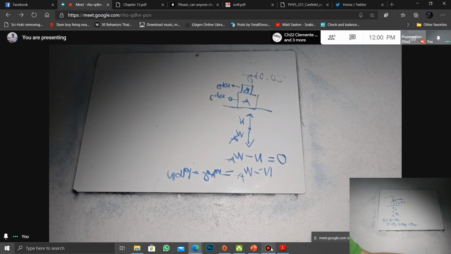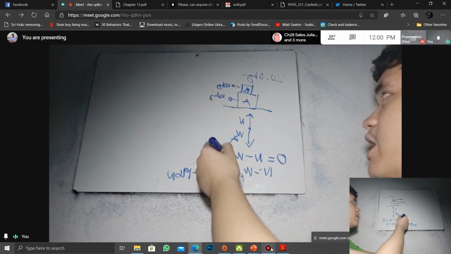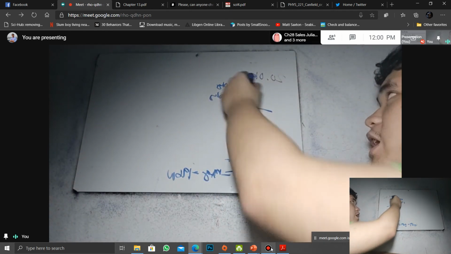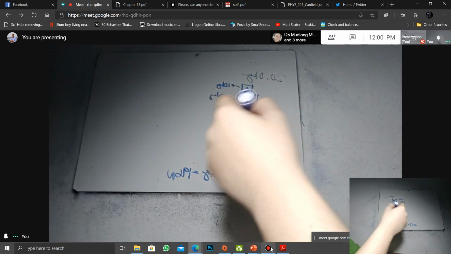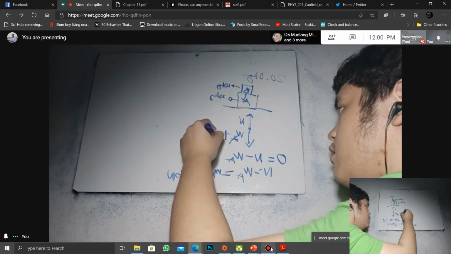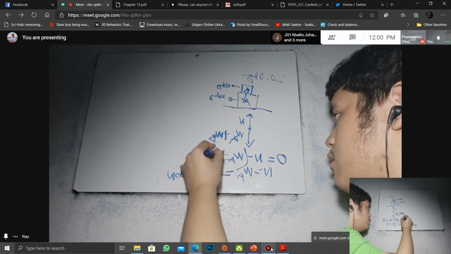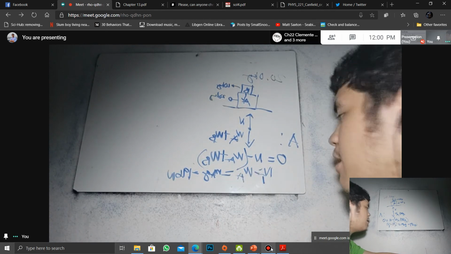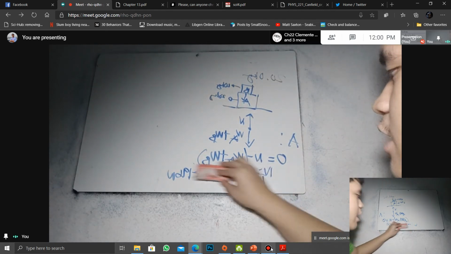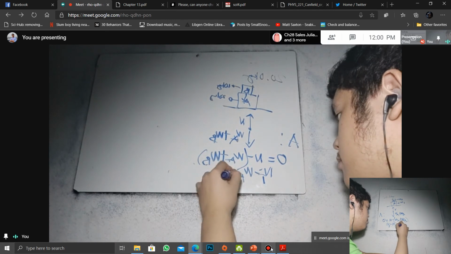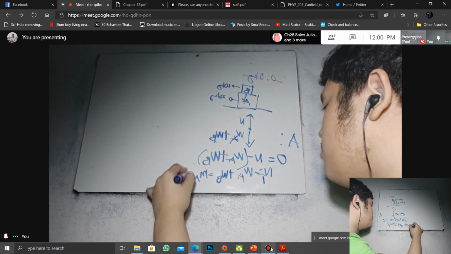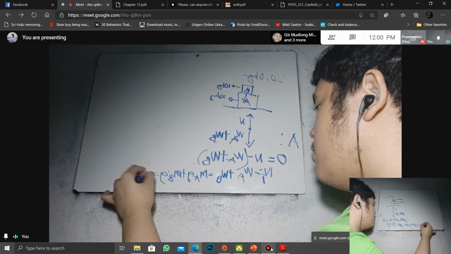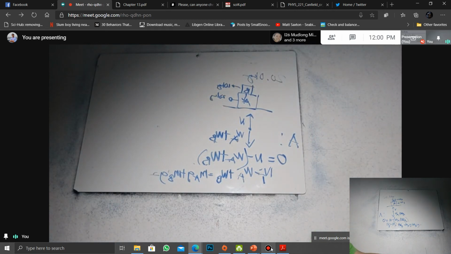For letter A, the free body diagram changed. Why? There is now a force due to the weight of B. For A, this is mass A. So the normal force by the table equals WA plus WB, so MAG plus MBG. If we substitute everything, we will get around 294 newtons. Okay?